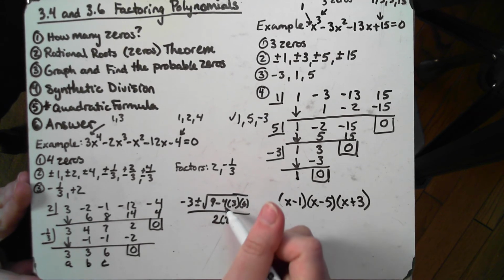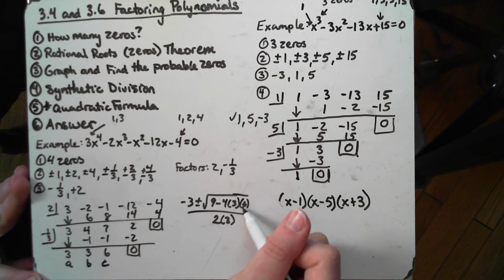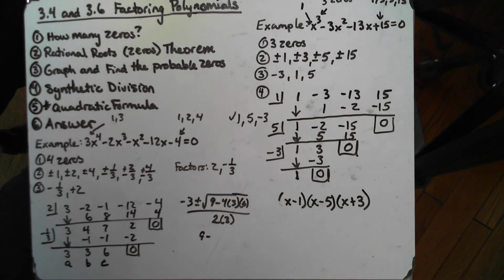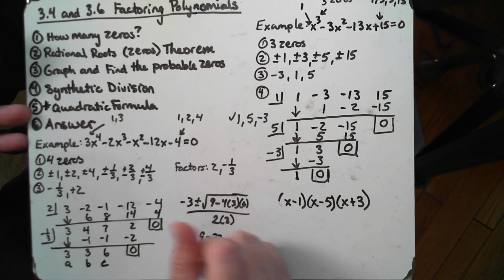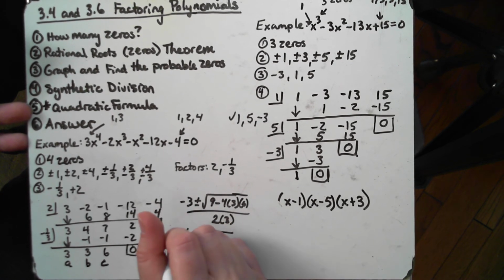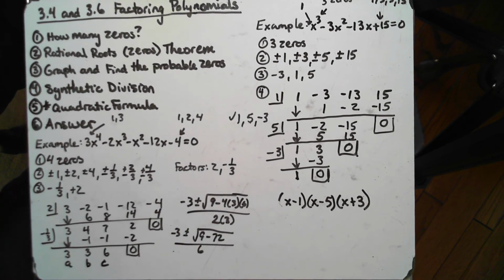Okay. 4 times 3 times 6 is, let me double check with a calculator. I always end up making mistakes if I don't double check. Negative 72. Okay, and 9 minus 72 is negative 63.